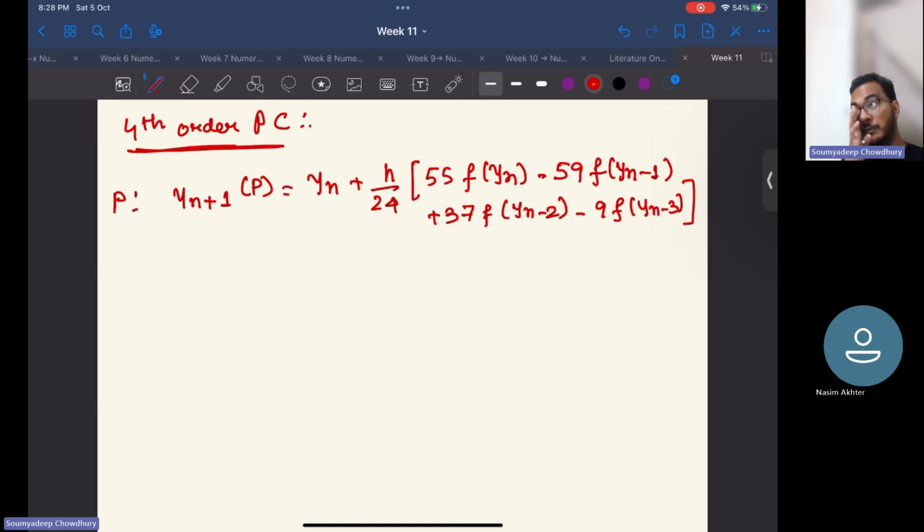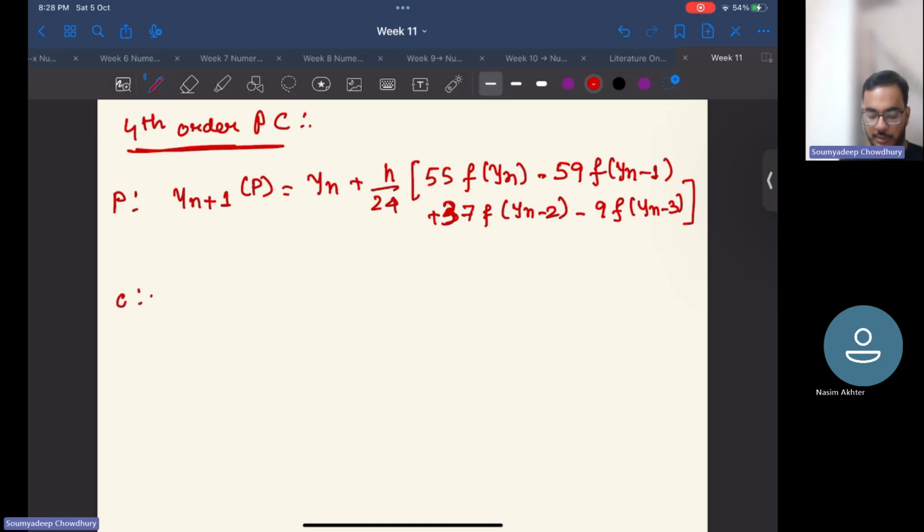These f of Yn plus 1 and all these are the slopes. And these coefficients, 55, minus 59, 37, are all weighted averages. So this is the predictor method.